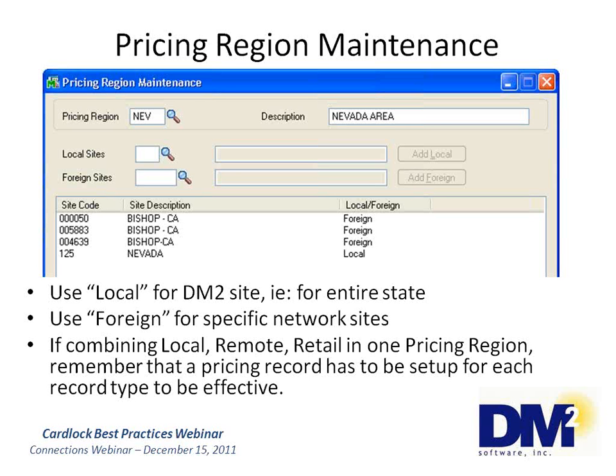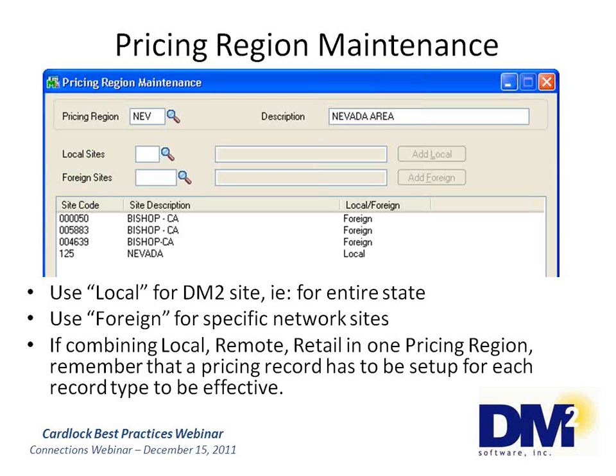For local and retail, you can use either site code maintenance or pricing region. The way the system knows the difference, whether you're talking about a site or a region, is that sites are always numbered and regions are always alpha.